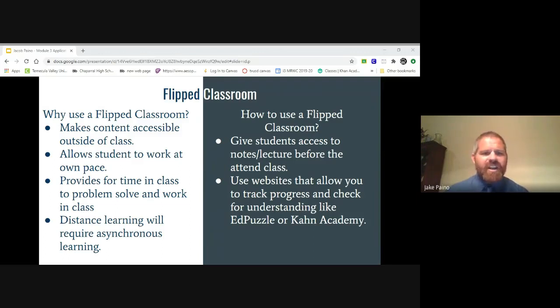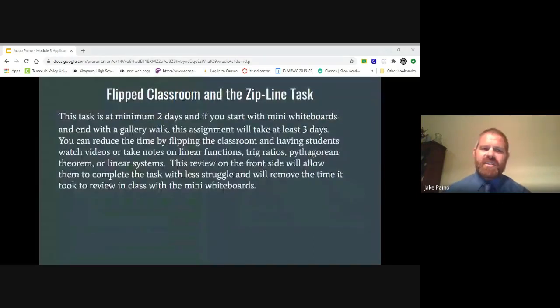So it's making sure they're actually doing it, and you're checking for understanding. Khan Academy, very similar. Watch a video. They have questions that follow right afterwards that provide instant feedback if they're doing the problems correctly. So flipped classrooms are very beneficial, and they create a lot more time.